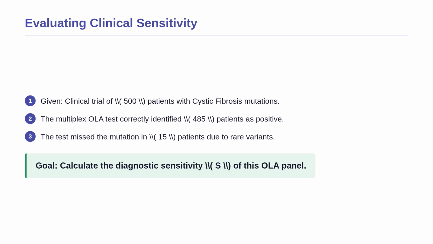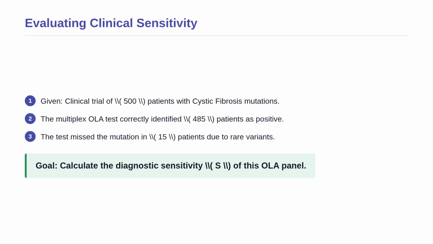Before we conclude, let us see this formula in action with a clinical example. A new multiplex panel is designed to screen for 50 different cystic fibrosis mutations. We are given data from a clinical trial of 500 patients known to have cystic fibrosis mutations.